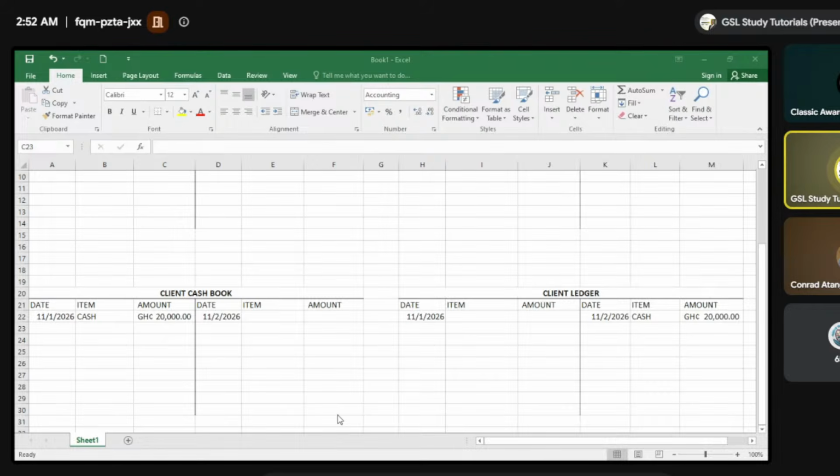Like in the first one, if it affects the office, we are crediting the main cash book, we are debiting the office ledger. If it is affecting the client, we are crediting the client's cash book, we are debiting the client ledger. If it is the fees ledger, we are dealing with the two ledgers. Please, do you all understand November 13th? Is there anybody who is confused?